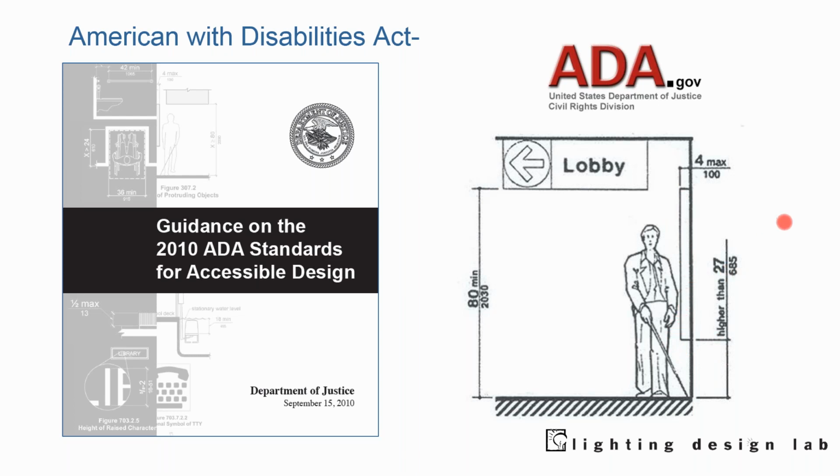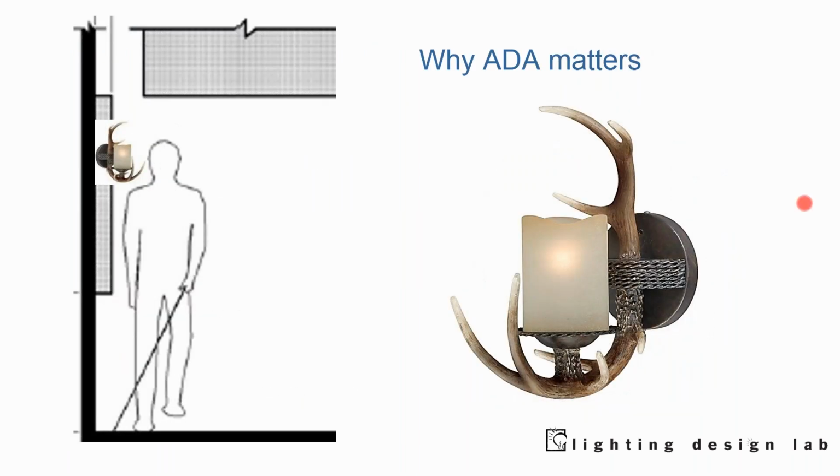So lots of manufacturers had to retool and come up with new fixtures that did not project out. This is why we care. Something might look great and you're building a hotel that's got a theme and you've got these interesting fixtures, but if somebody can't see that, it's going to be a problem.